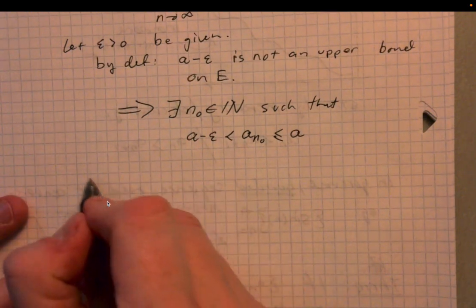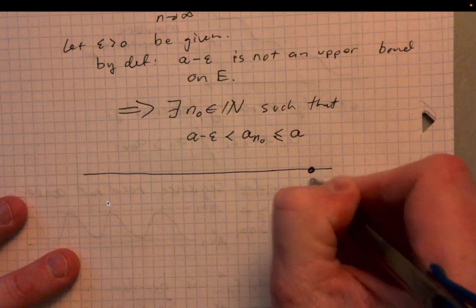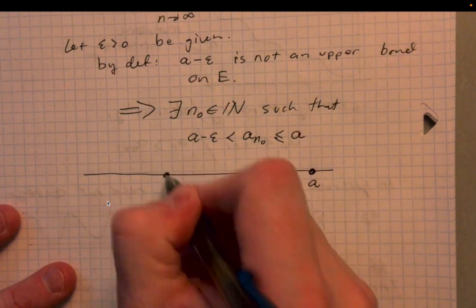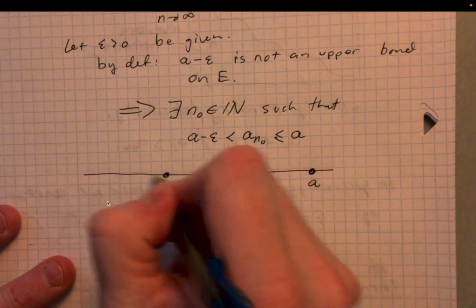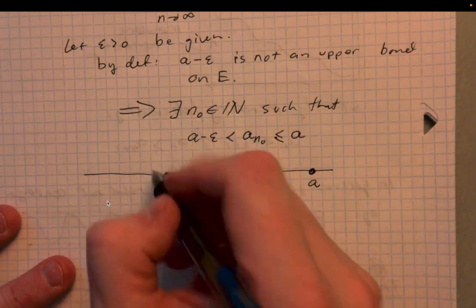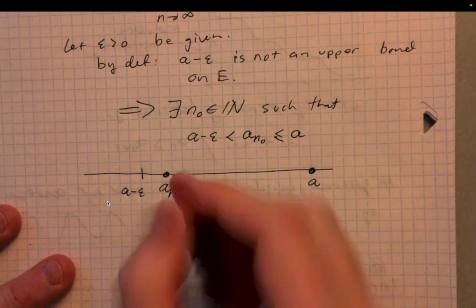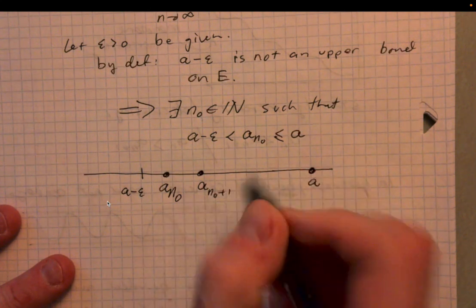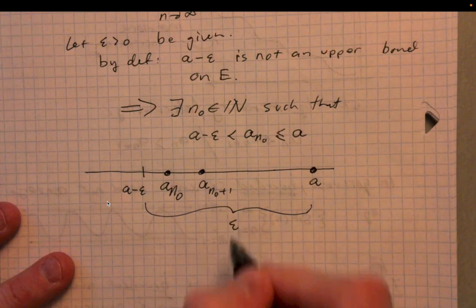Right? And you can kind of think of it visually like this, right? So you've got your A up here, which is the supremum. And then you've got your a sub n naught here, and somewhere further back is A minus epsilon, right? And then somewhere above this is a sub n naught plus 1. And this whole distance here, that's epsilon.